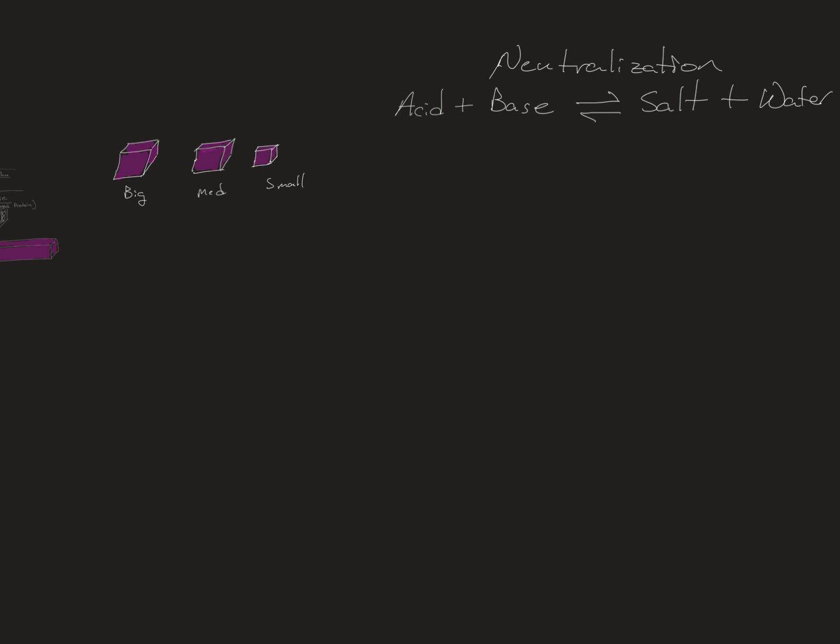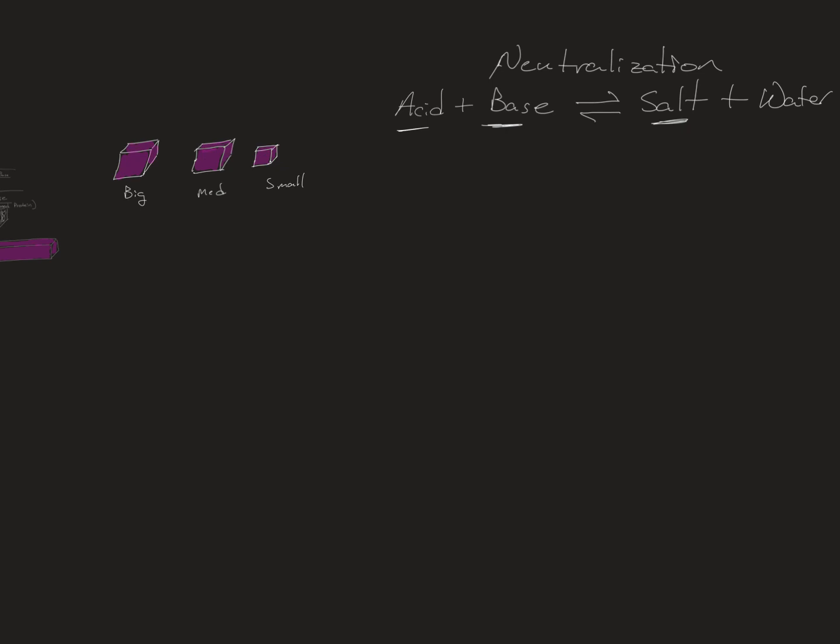Anytime you have an acid, if you add a base to it, it'll release a little heat, and what'll happen is that the OH negative and the H plus are going to come together. OH negative plus H plus makes what? Water. So when you add an acid and a base, you make water, and then the other parts become the salt. It all depends on which acid and which base you're making.